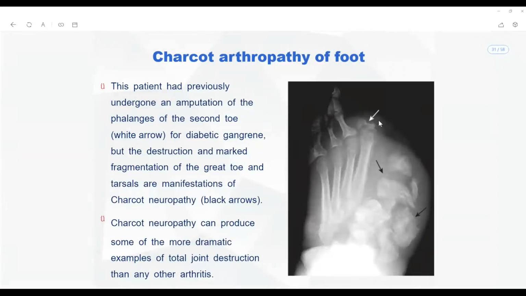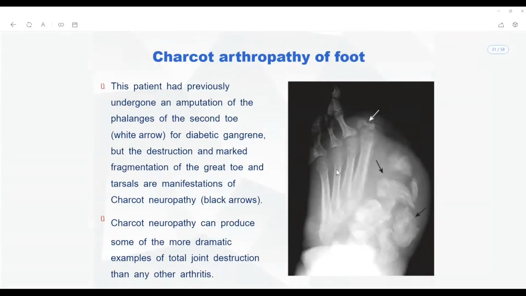Diabetes has caused the amputation of the distal phalanges, and then there is a lot of destruction along the tarsals, and they look completely hazy. So this is technically a licked candy stick appearance, suggesting Charcot arthropathy of the foot.